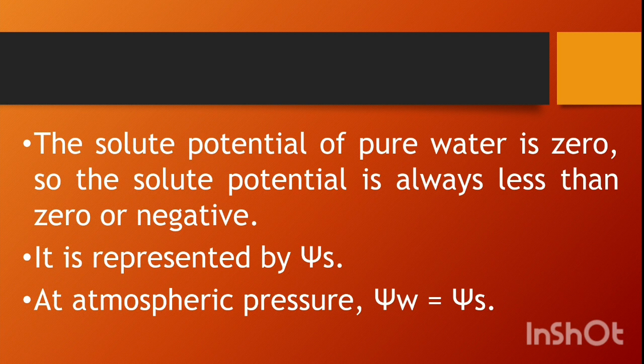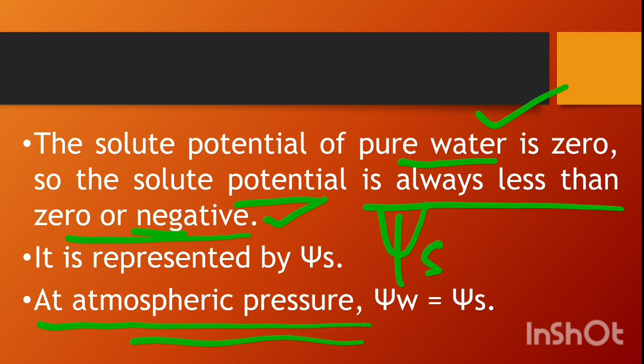So solute potential is always less than 0, or negative, because in pure water it is 0. When you add any solute to pure water, the water potential will be decreased. So it is always a negative value because anything less than 0 is negative. It is represented as psi s.